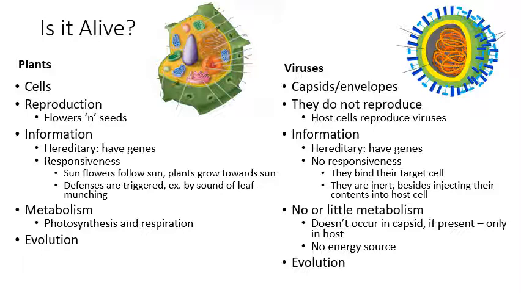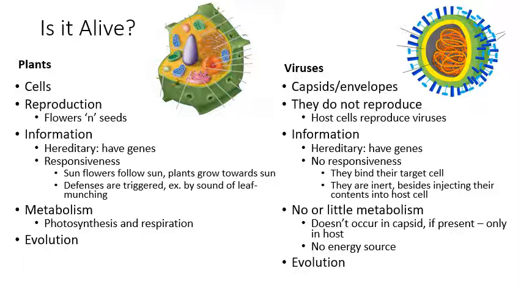Some viruses actually will have enzymes inside the capsid, which are proteins that are able to do some type of function to catalyze a chemical reaction and make that reaction go faster. But those enzymes are not active when they're inside the capsid. So they're not making any chemical reactions speed up inside the capsid. There are no chemical reactions inside the capsid. Once the enzyme gets into the host cell, then it will use the host cell as an energy source.